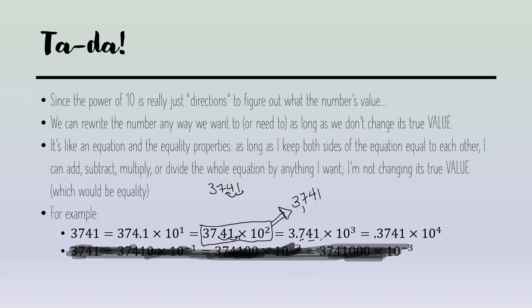Here I took away three place values, so in order to get back to my original value, I need to multiply by three place values. Here I took four place values away. Then I need to give four place values back in order to get back to my true value. Yay. All right.